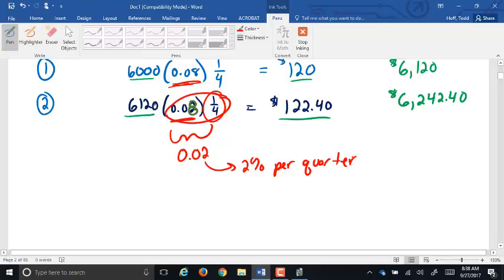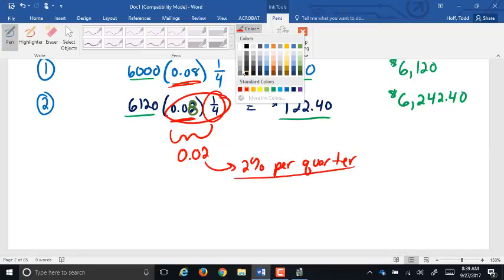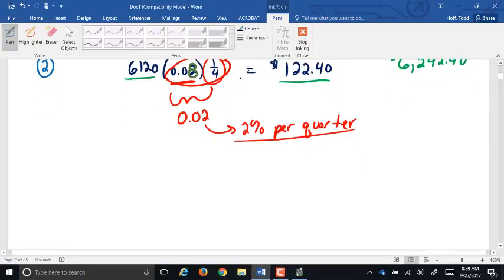Which makes sense. If it's 8% for a whole year, 8 divided by 4 or 8 times 1/4 is going to be 2% for a quarter. And if we look at what we did for those percent increases, we had a beginning balance, add the interest, getting ending balance.